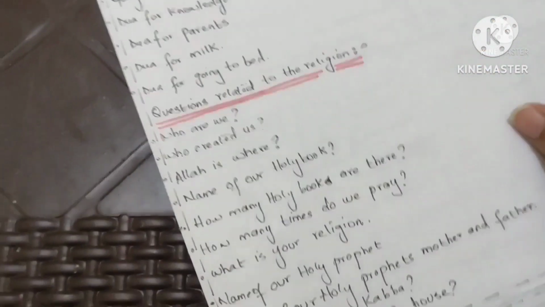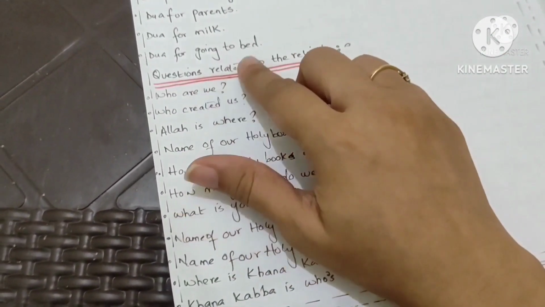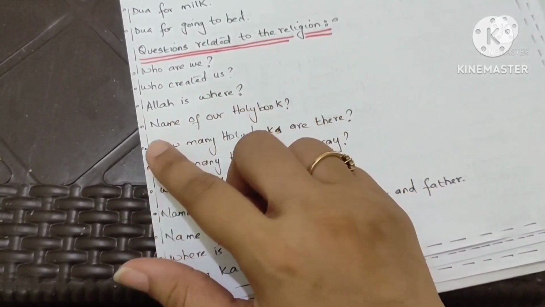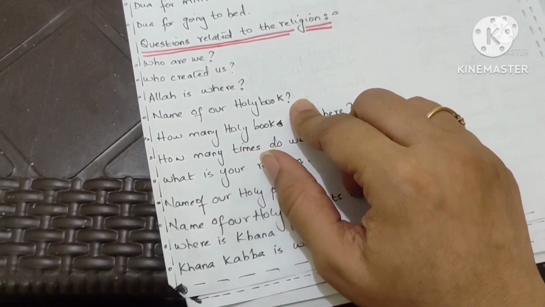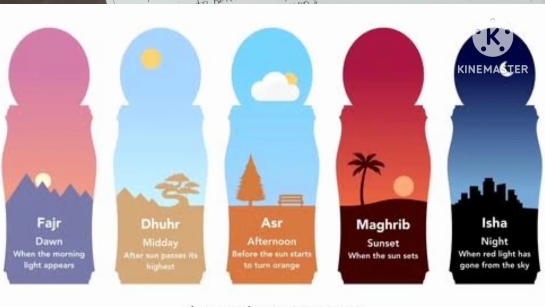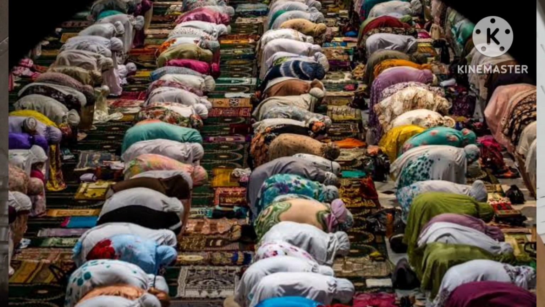Okay, so the next one is questions related to religion. Who are we? Who created us? Where is Allah? Name of our holy book. How many holy books are there? You have to mention the names. How many times do we pray? You have to mention the names. You can do an activity with it as well. What is your religion?